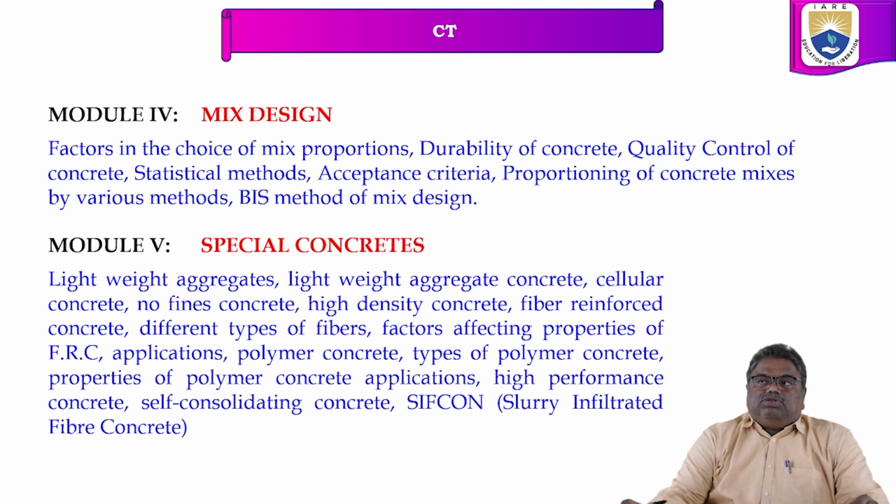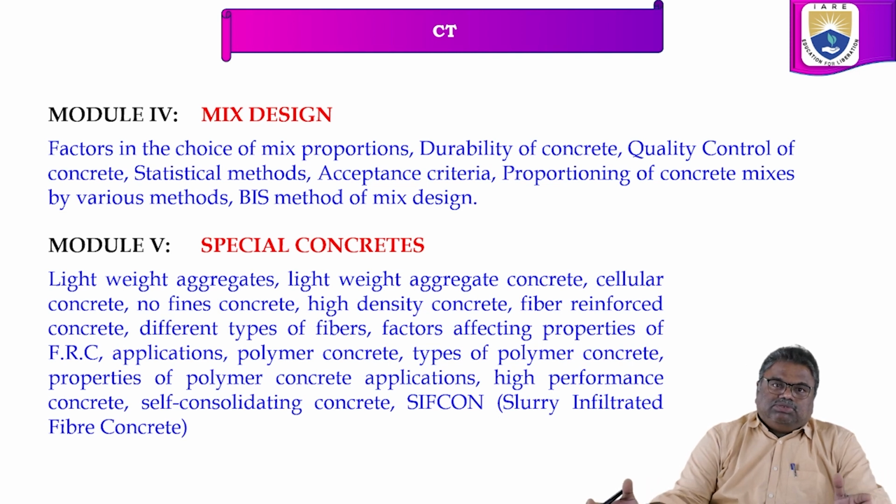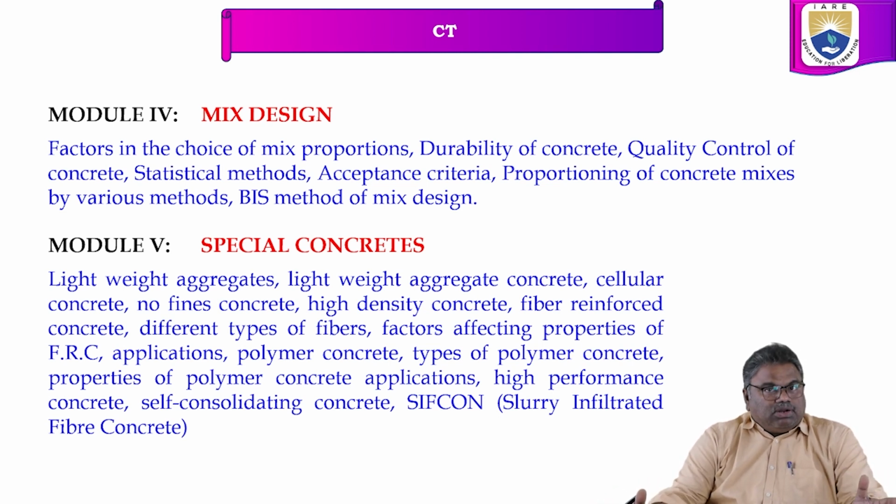For example, concrete has different grades. It starts from M20 to M60, M70, and even M100 has been developed. M20 means 20 Newton per mm square, the strength of the concrete after 28 days. The strength of the concrete after 28 days is 20 Newton per mm square, that is M20 concrete.